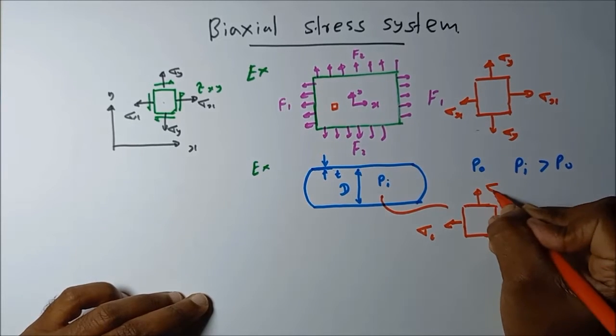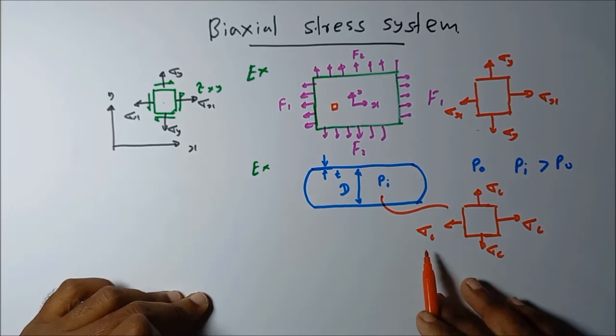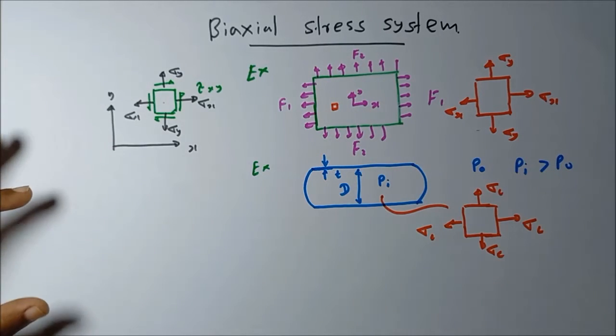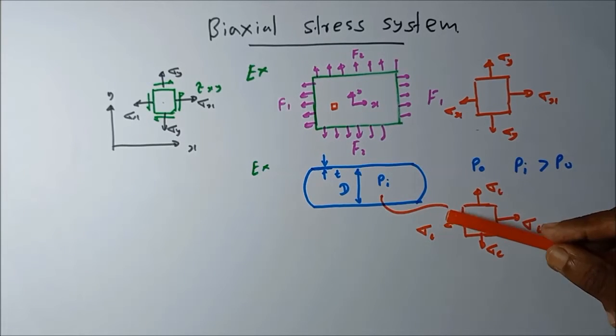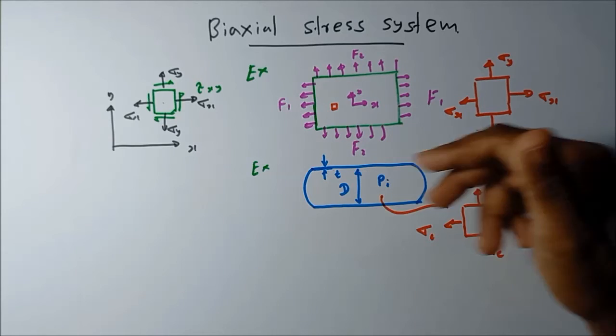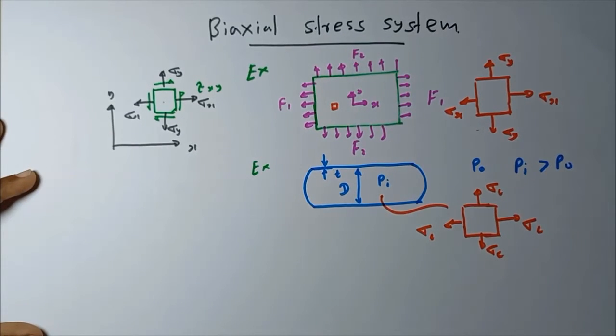This is called sigma C, the circumferential stress, the stress acting in the circumferential direction. This is another very good example of the biaxial stress system. What are the situations for a biaxial stress system?